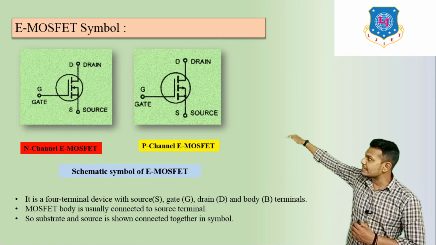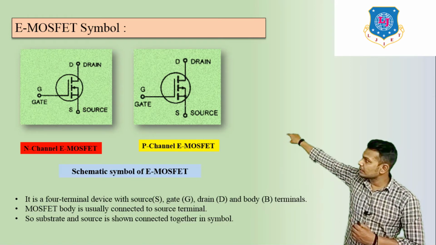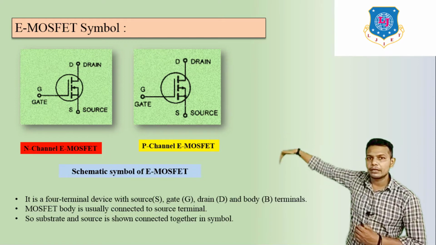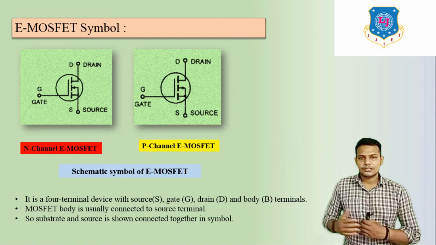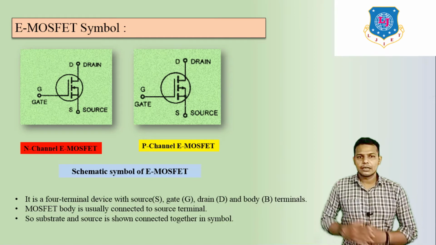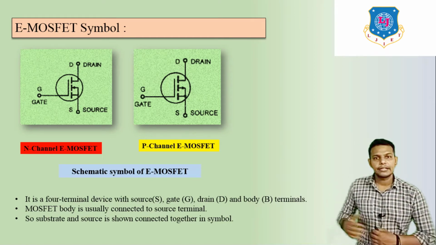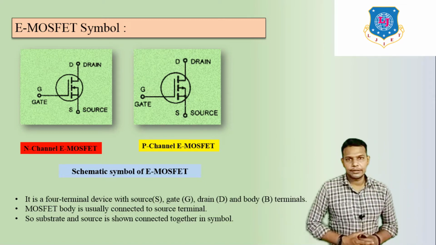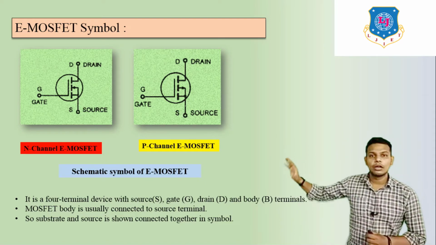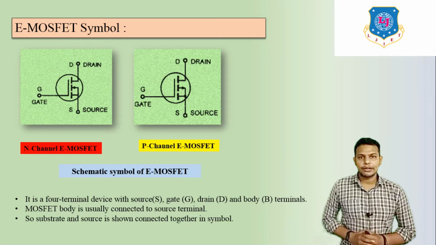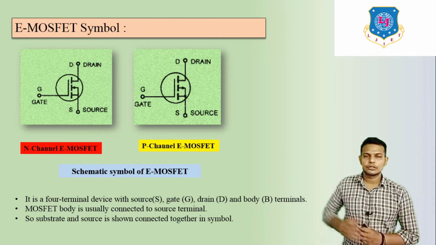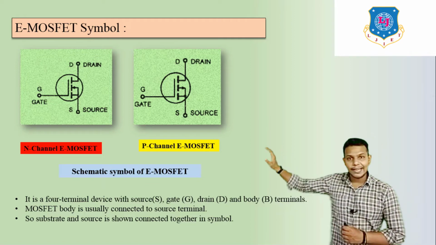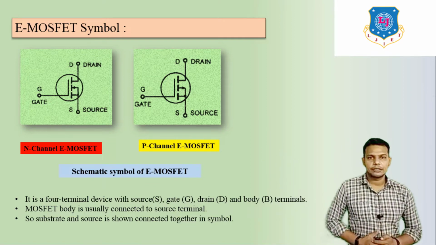So we can see in the symbol, the center line is connected to the source terminal, which indicates that the substrate and source are connected together in the construction, as well as in the symbol. So this is the symbol of E-MOSFET for N channel and P channel.